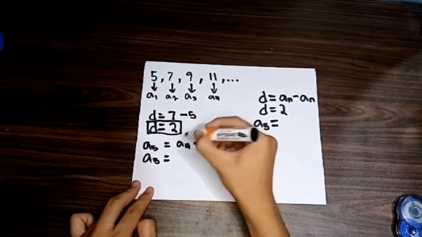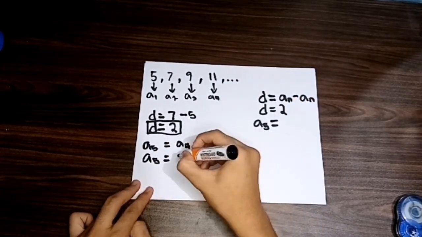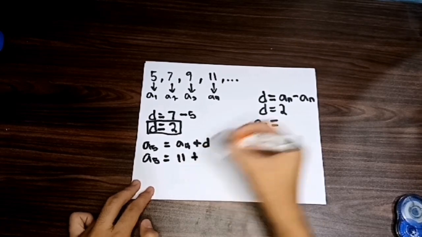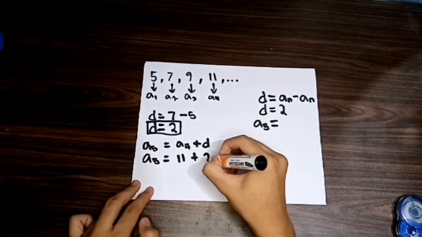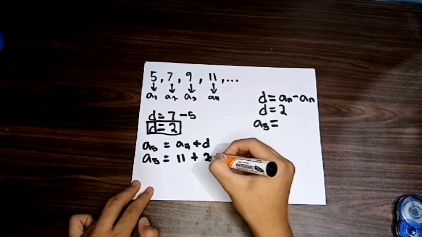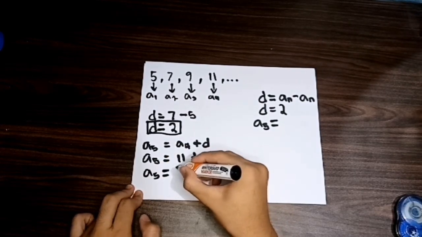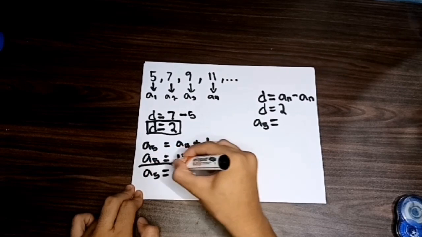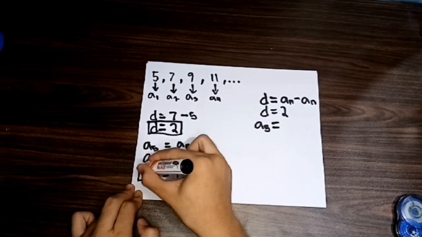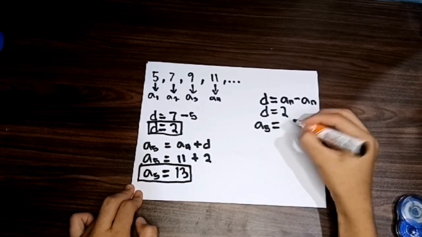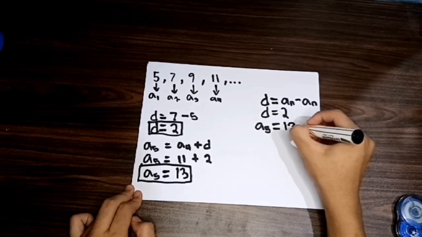So, substitute 11 as a sub 4 and the common difference, which is 2. So 11 plus 2 is equal to 13. So the next term of this sequence is 13.